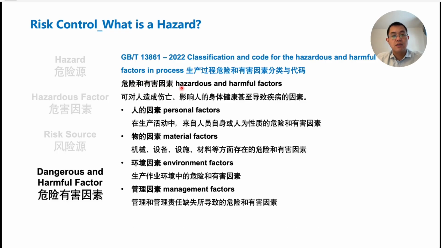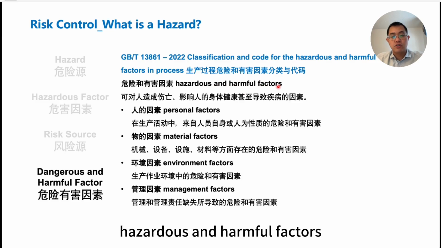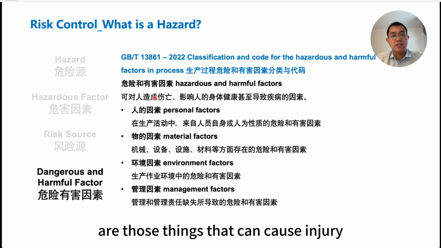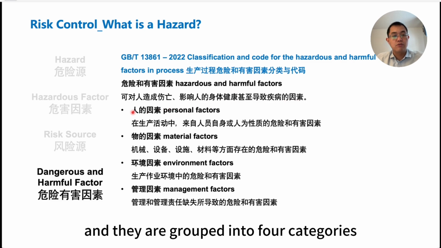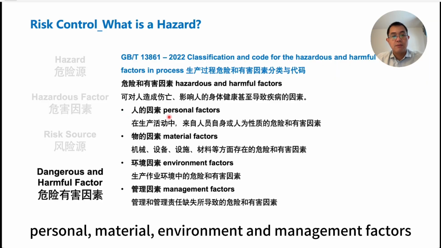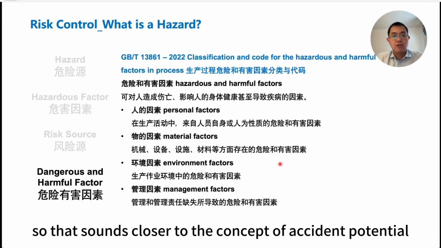It says that hazardous and harmful factors are those things that can cause injury, affect health, or even lead to diseases. And they are grouped into four categories: personal, material, environment, and management factors. So that sounds closer to the concept of accident potential.